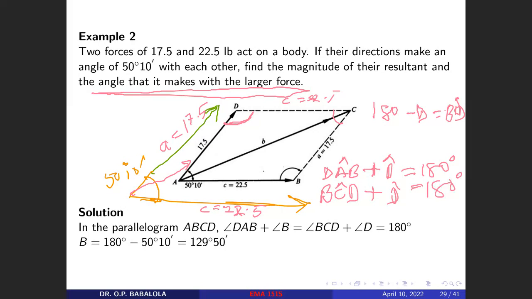Okay, so which of the angles do we know already? We already know DAB to be 50 degrees 10 seconds. Then we're looking for B, which equals 180 minus 50 degrees 10 seconds.